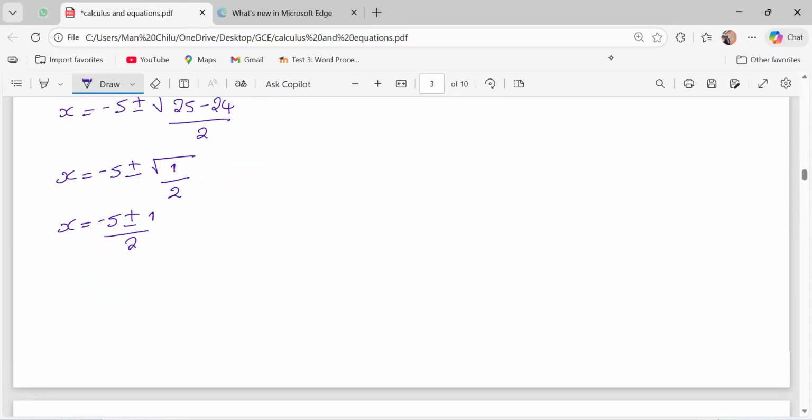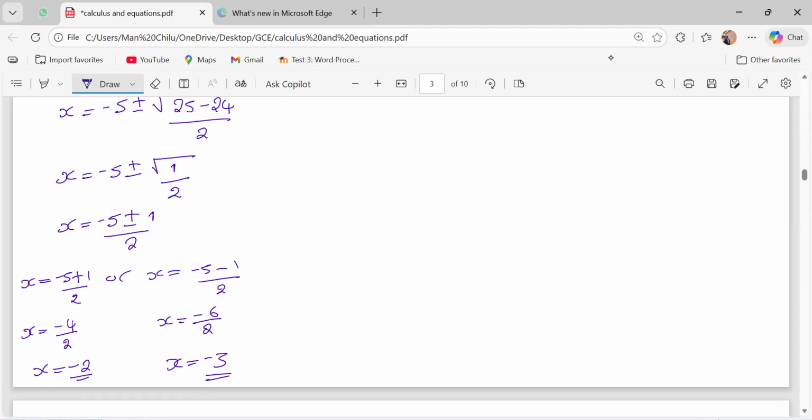So here now, we'll make two equations. x will be equal to negative 5 plus 1 over 2, or x is equal to negative 5 minus 1 over 2. So x will be equal to negative 5 plus 1, that's negative 4, divided by 2, and x will be equal to negative 2. And this side, x will be equal to negative 5 minus 1, definitely get a negative 6. You divide by 2, x becomes negative 3.